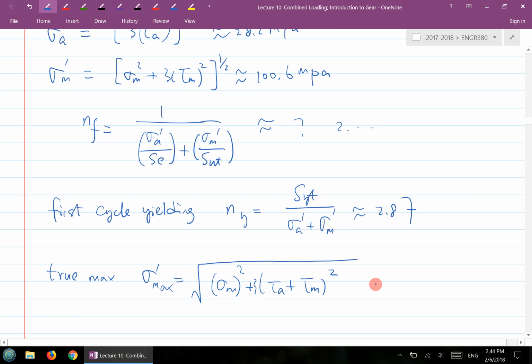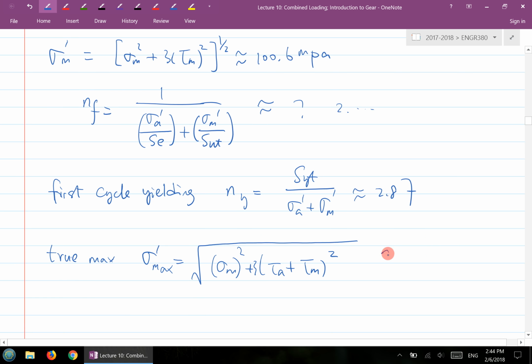And then you can use your Syt divided by this true max prime. That should be approximately maybe 2.8, slightly smaller. Sorry, actually slightly bigger probably, because this is bigger than that. So you should get a slightly bigger value, 2.9 something.